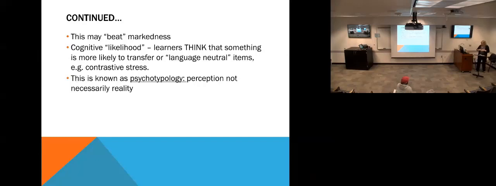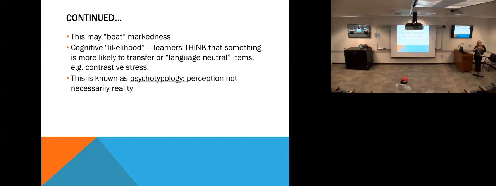And these things may be something that we call markedness. Now, we're going to come back to markedness and unmarkedness in, I think, the next chapter on formal approaches. But basically, the idea of markedness is, if something is marked in language, it is uncommon.